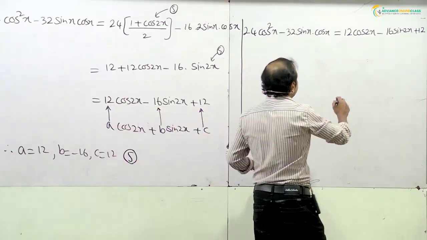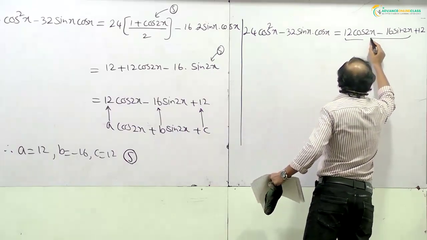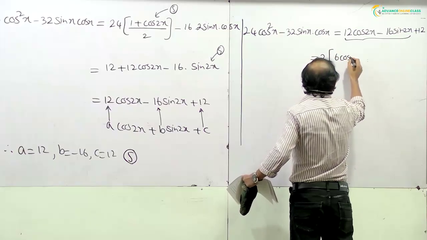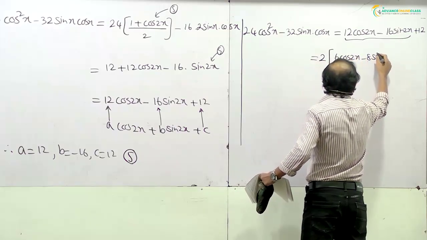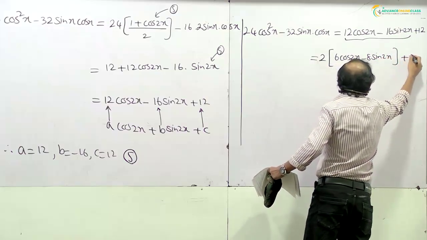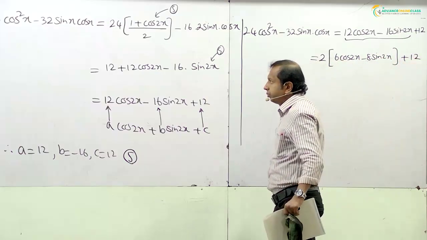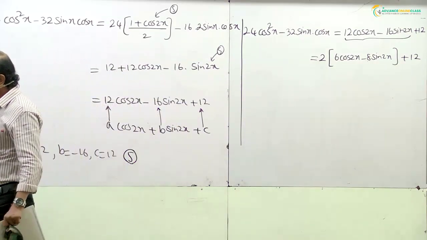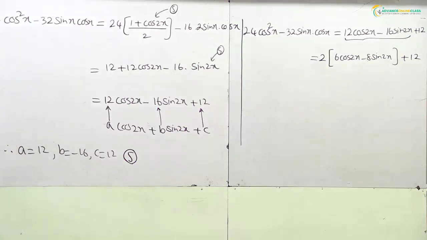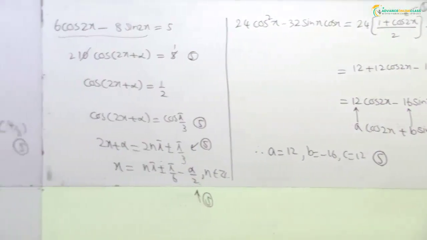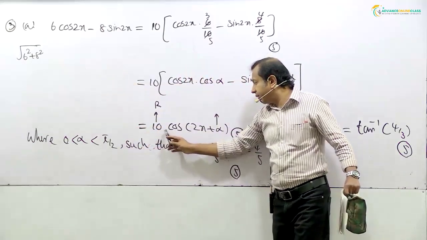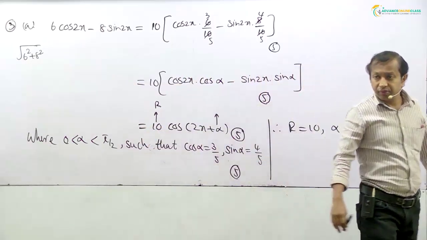I can take 2 out from the first two terms: 2 times 6 cos 2x minus 8 sin 2x, plus 12. But you know, here the very first part, 6 cos 2x minus 8 sin 2x, we wrote as 10 cos of 2x plus alpha. Understand?